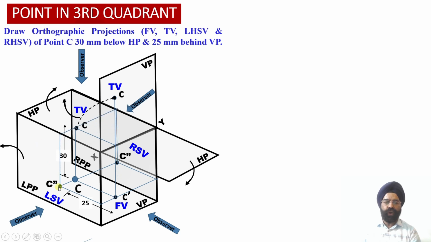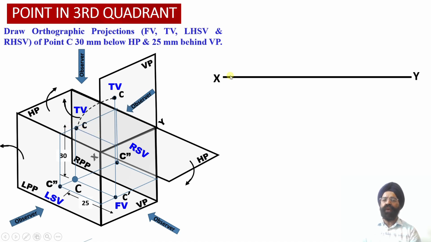Similarly, by virtue of drawing these three projector lines, we have been able to establish the relationship between side view projections and the top view projection. So now we can check these two side view projections and this top view projection. All of these three projections are available at a distance of 25 millimeter behind the vertical plane.